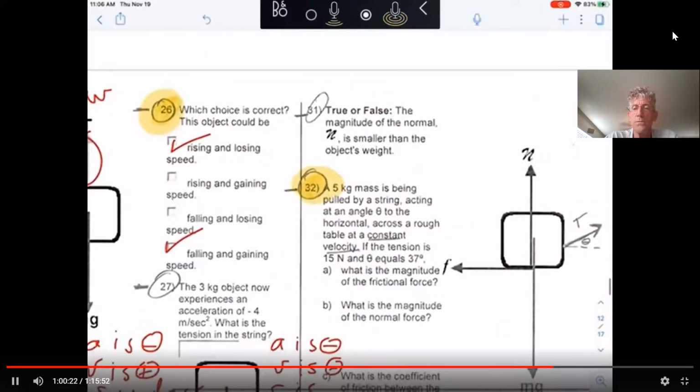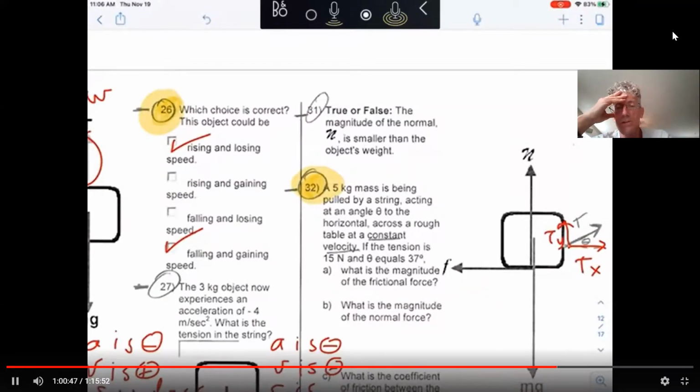Okay, look at this one. Okay, so we did these already. So this is just a review of what we did already. We got a diagonal force pulling upwards. You got to break that diagonal force into x and y pieces, Ty and Tx. There's an equation for these on the equation sheet.